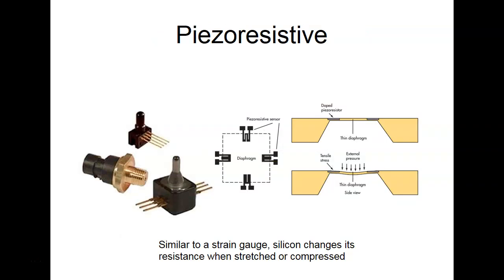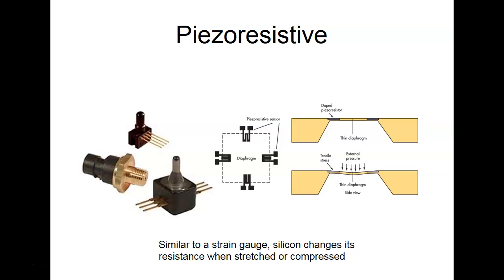This is probably becoming one of the most popular pressure sensors. These are piezo resistors. These guys operate very similar to a strain gauge. Silicon changes its resistance when stretched or compressed. So we usually run these in groups of 4, so then we get the average of it. We have basically a diaphragm that the silicon strain gauges are connected to. And then when pressure comes in, it warps the diaphragm.